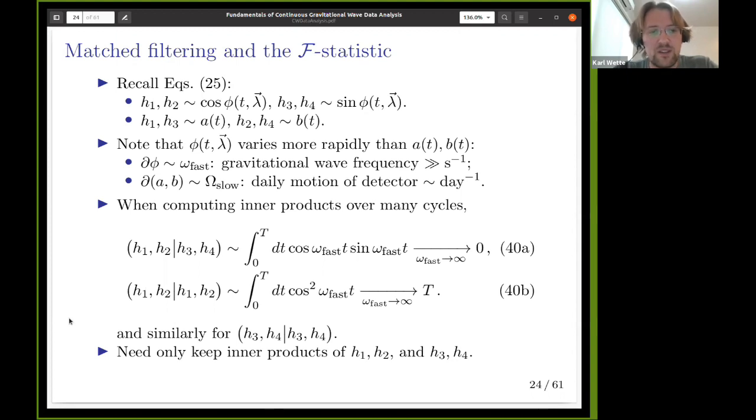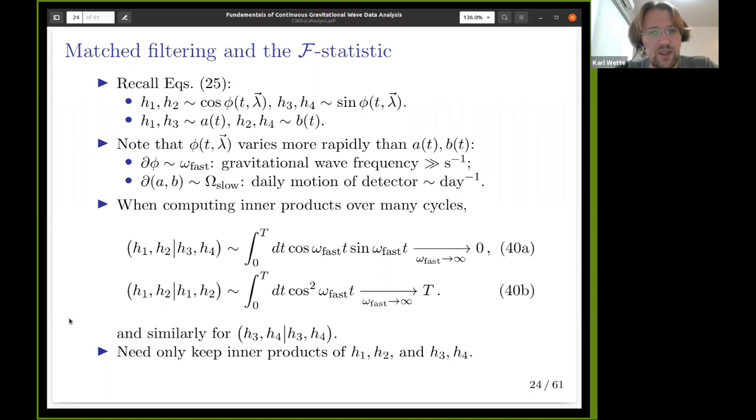So what you find is that when you compute these inner products, it really just depends on the phase of the gravitational wave, and you can get various combinations. If you take, say, the inner product of H1 and H3, you get a cosine term, which involves the phase, or this omega fast as I've written it there, and the other term will be a sine, and those tend to average out over time.